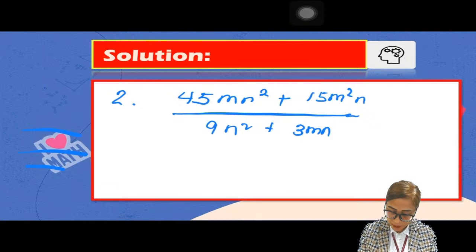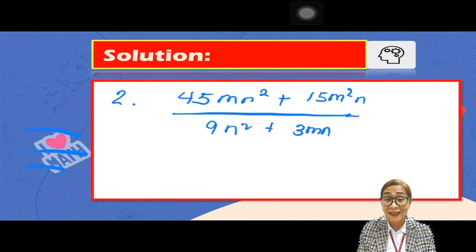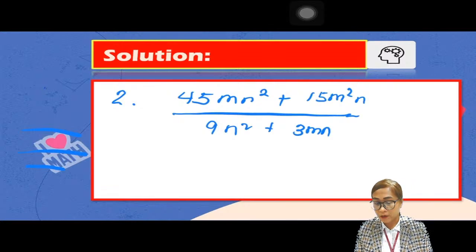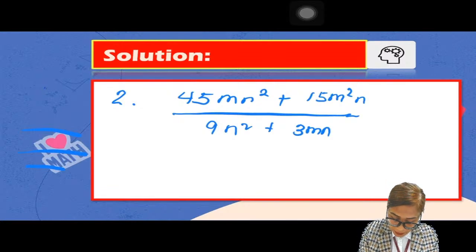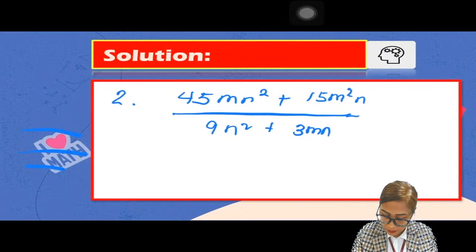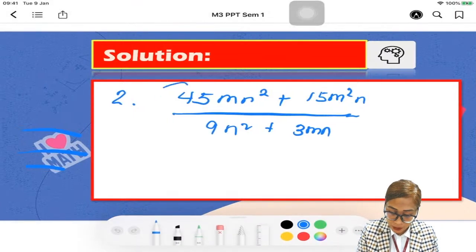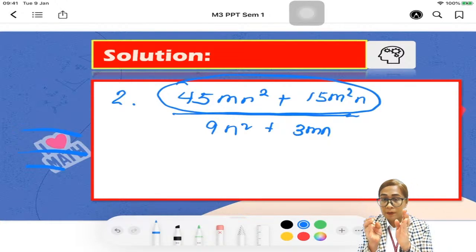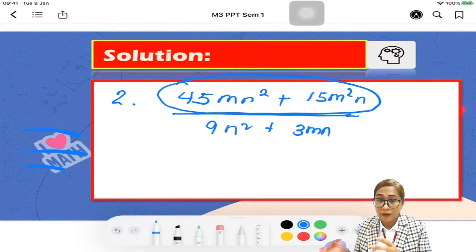So for the first one, we will get the highest common factor of the numerator. This upper portion is the numerator, students. You have to take out the highest common factor.